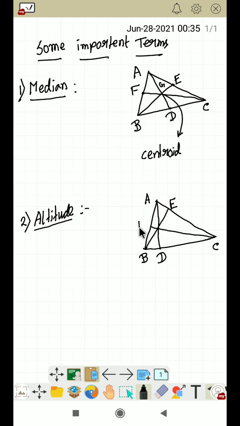Now the intersecting point of these altitudes is called the orthocenter of the triangle.